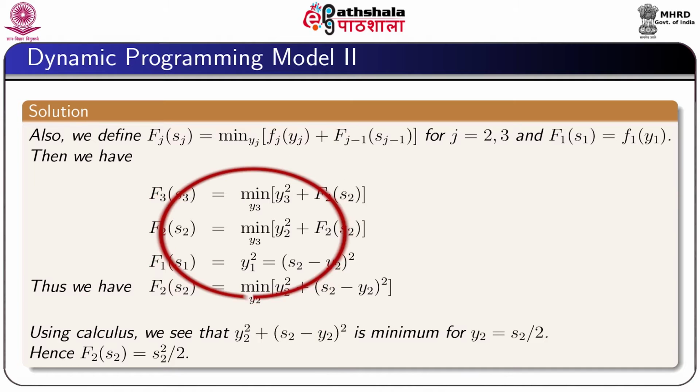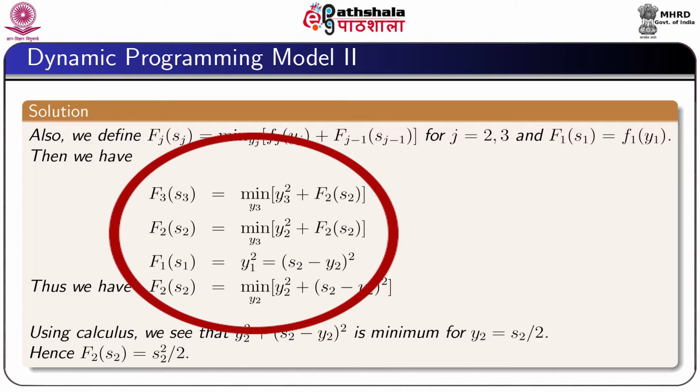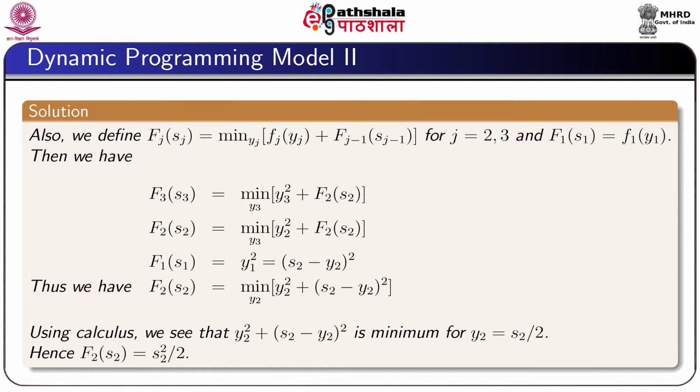With this definition, we get F3(S3) equal to the minimum of y3 squared plus F2(S2), where the minimum is taken over y3. F2(S2) equal to the minimum of y2 squared plus F1(S1), where the minimum is taken over y2. And finally, F1(S1) equal to y1 squared, which is equal to (S2 minus y2) whole squared.